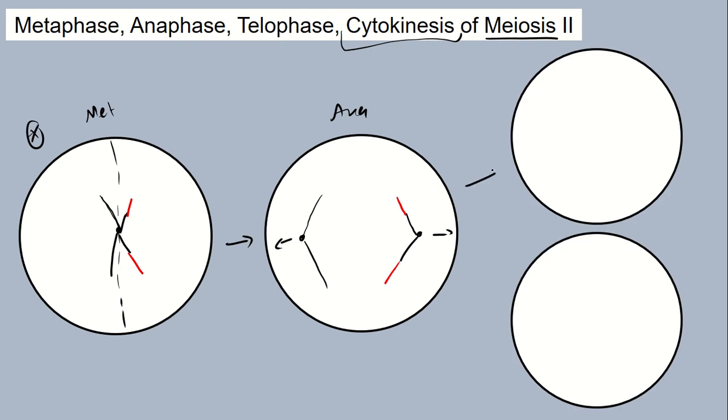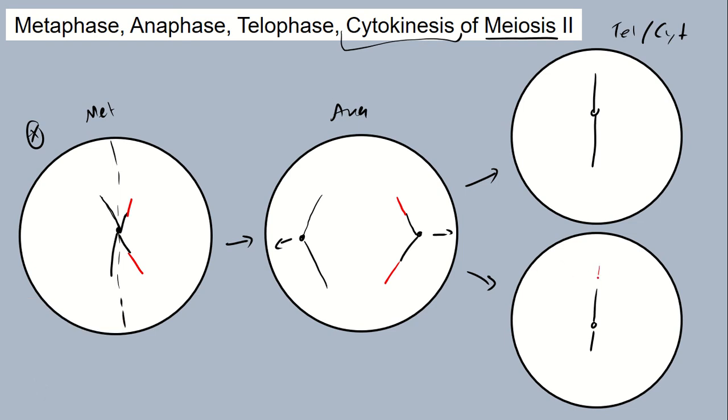During telophase and then cytokinesis, these two chromatids end up in separate gametes. So we've now finally generated gametes out of this.